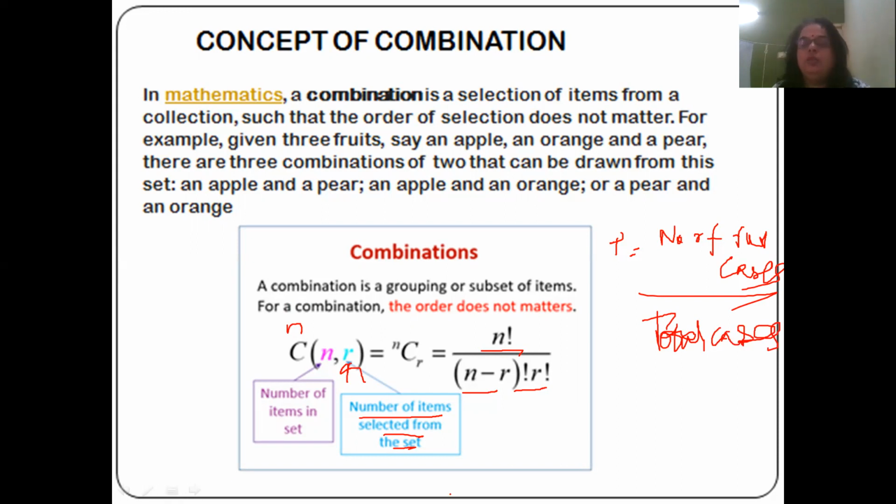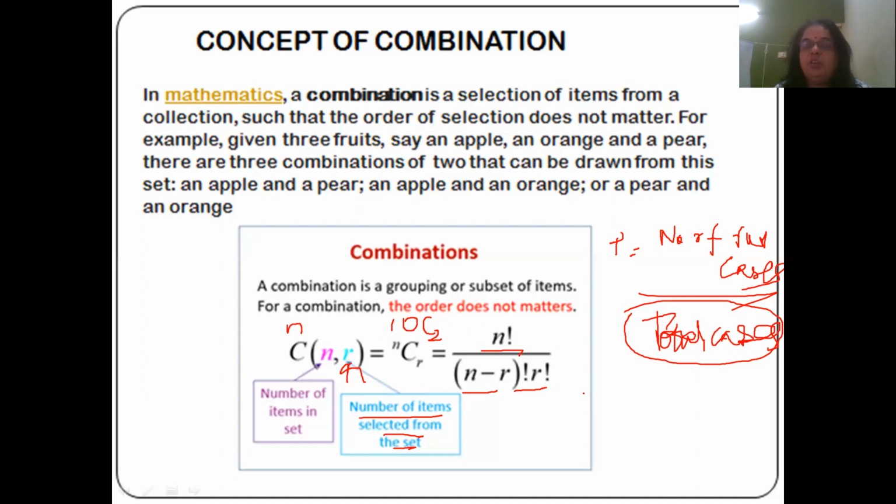Now, to find the total number of cases, we have 10 balls in all, of which we are taking 2, so 10C2 cases. 2 balls are drawn at random. What is the probability that both are white, both are black?